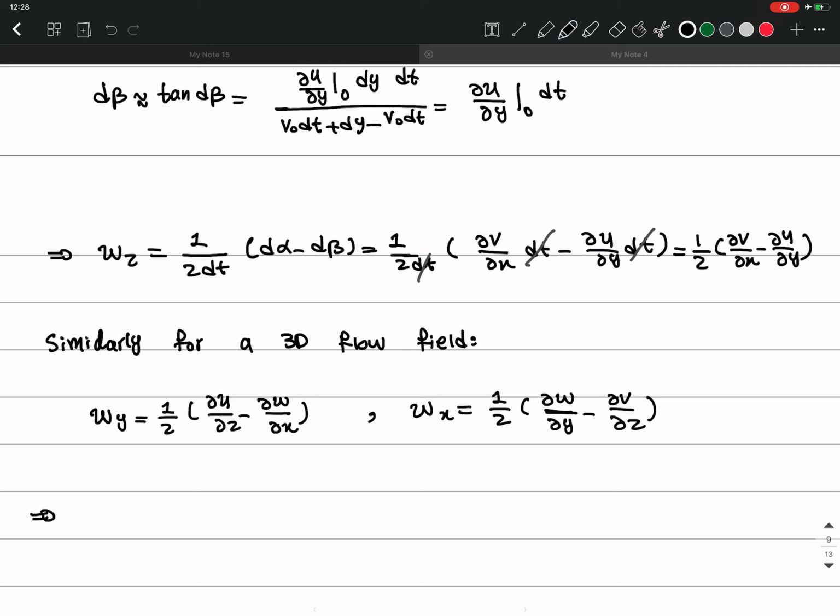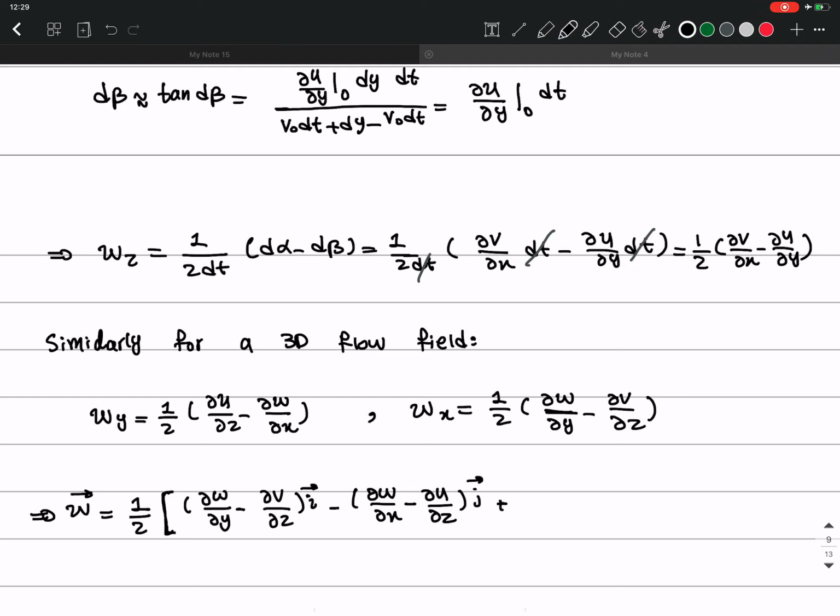So the whole rotation vector around all axes is going to be 1/2 times: first, around the x-axis, partial w over partial y minus partial v over partial z, in the i component. Then the y-axis: because I put minus, I write it the other way, partial w over partial x minus partial u over partial z, this is j.